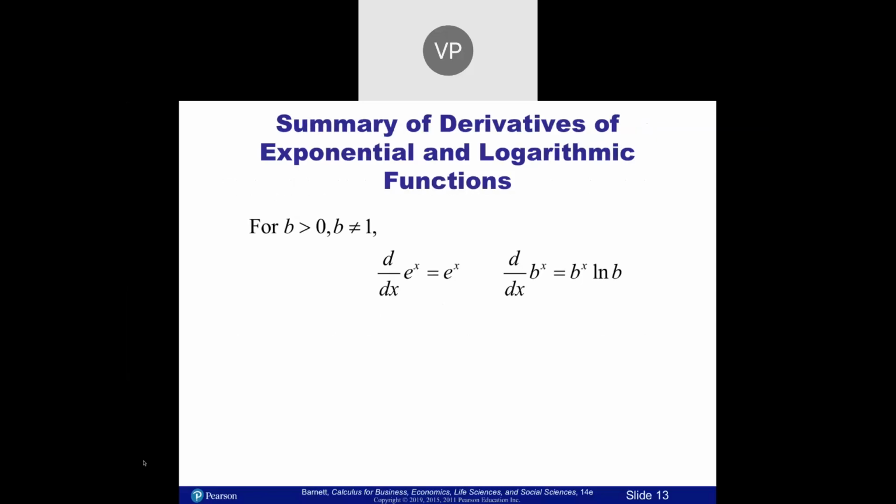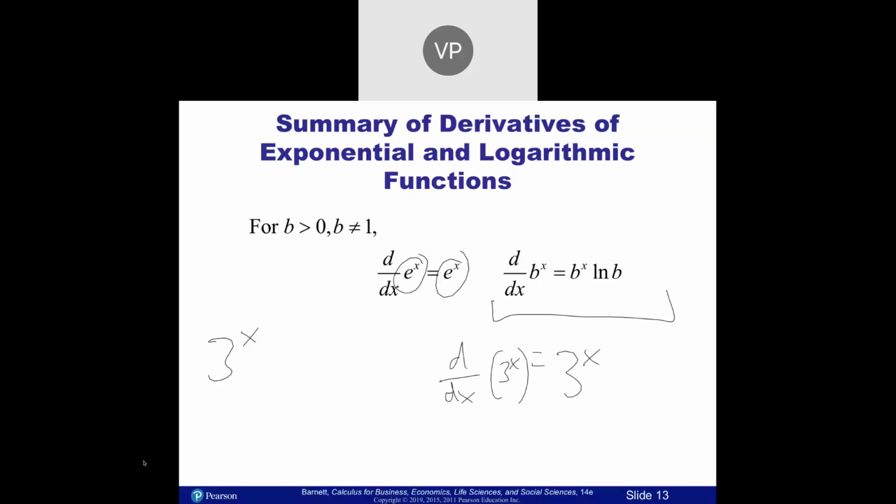If you have a derivative of e to the x, it's just plain e to the x. If you have anything other than e, like say 3 to the x, and you want to take the derivative of that, that's what this formula is right here, where it's similar to the e to the x. If I take the derivative of 3 to the x, it's similar to e to the x in the fact that you get the 3 to the x in your answer, but because it's not an e, it's not exactly this.